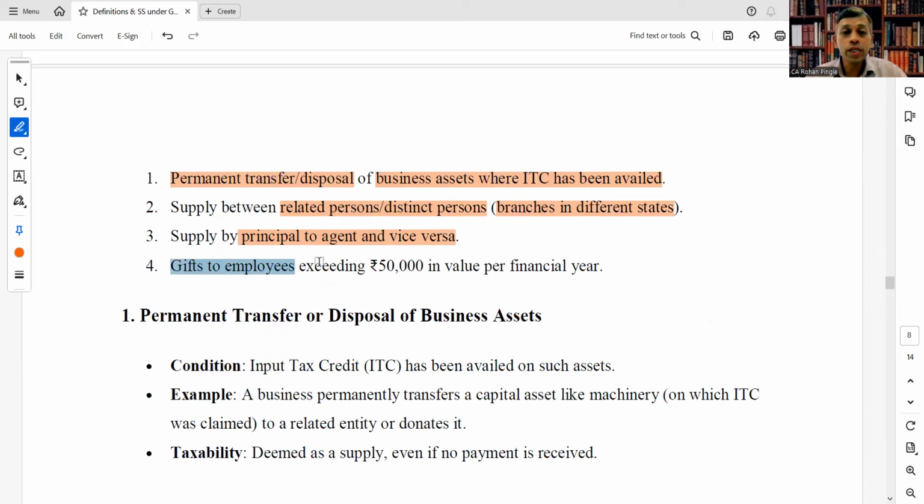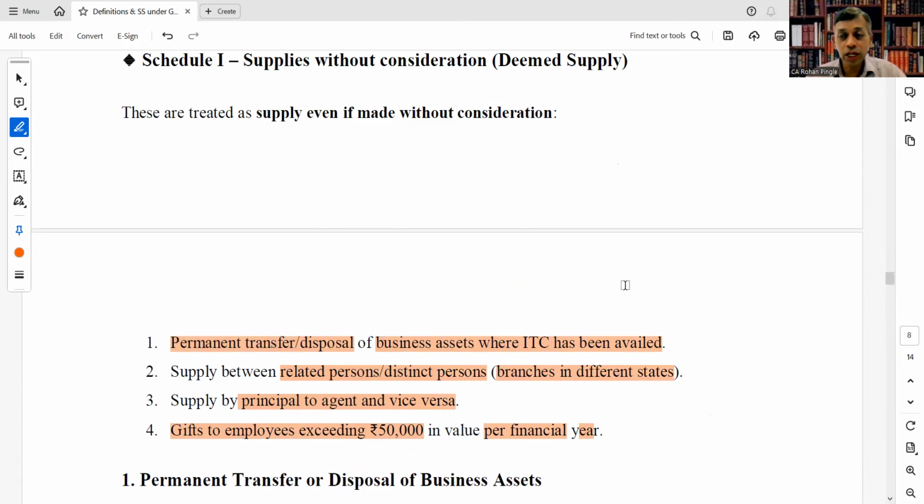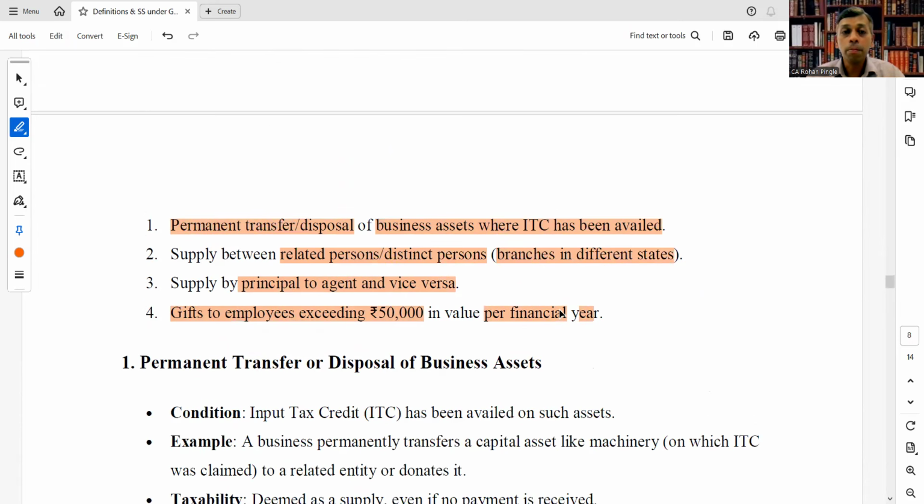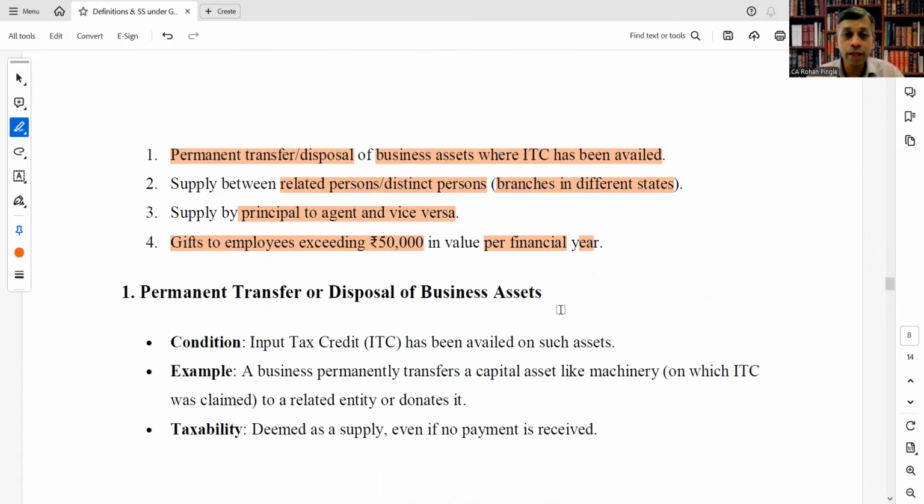Gifts to employees exceeding rupees 50,000 in value per financial year. So 4 major activities are there under Schedule 1, that is supplies without consideration, that is deemed supply. Permanent transfer or disposal of business assets where ITC has been availed.